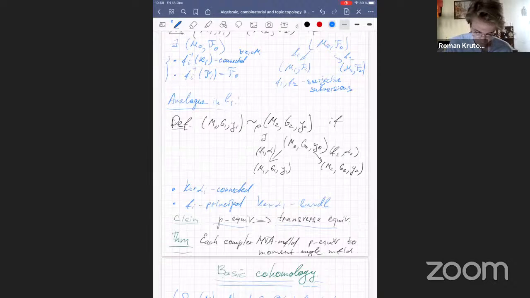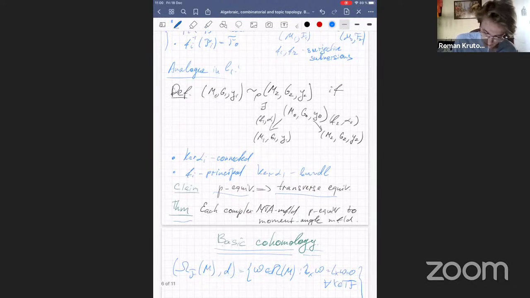And there is a theorem which states that each complex manifold with maximal torus action is P equivalent to some moment angle manifold. So this means that, in a sense, if we want to say something about these stacks or these foliations up to this transverse equivalence, we can stay inside of the class of moment angle manifolds.